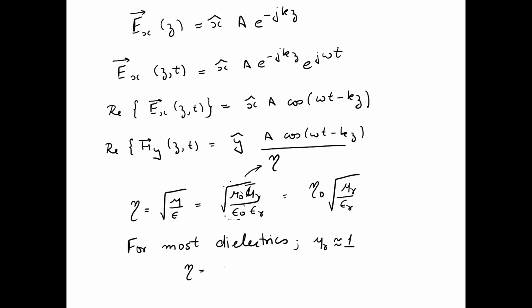So my eta becomes eta naught divided by square root of epsilon r, which is the refractive index. So this becomes eta naught divided by n. So my wave impedance in a dielectric also decreases by the refractive index.